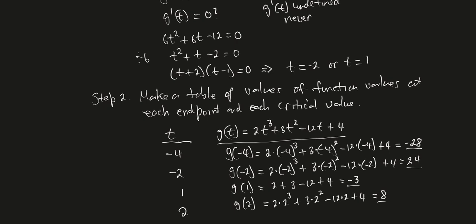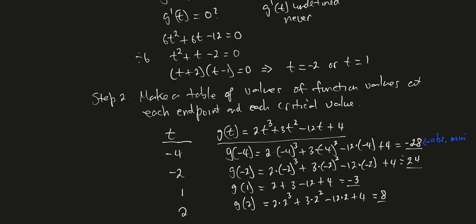So this number is the absolute max of this function. I'm sorry, this is the absolute min, not max. This is the absolute minimum of this function. It doesn't get any lower than negative 28 as long as our t is between negative 4 and 2.